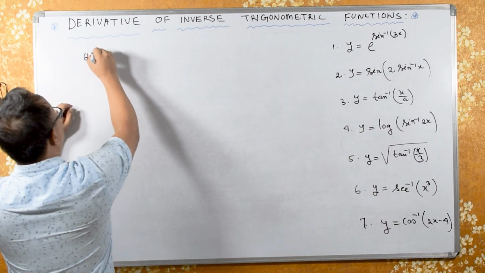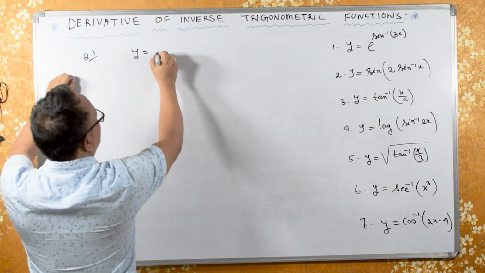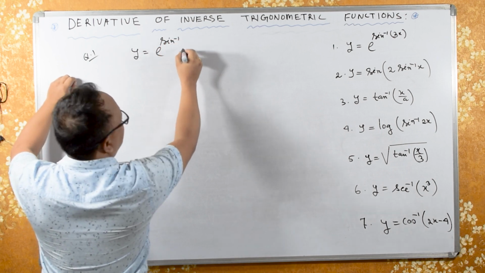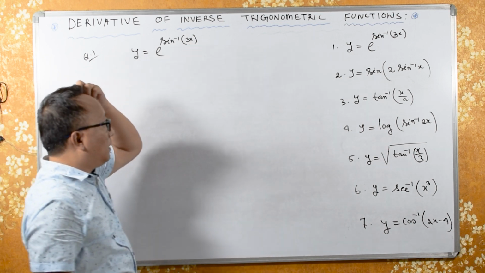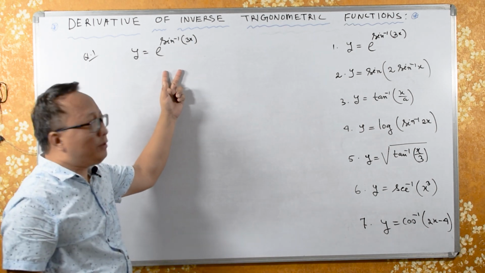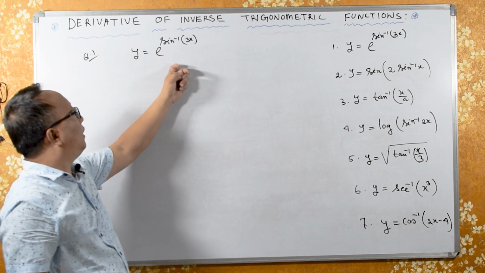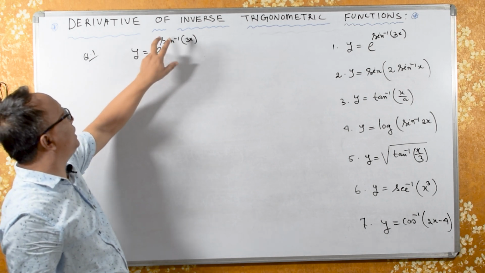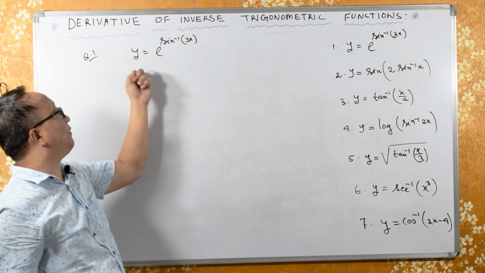Question 1: if y equals e raised to sine inverse 3x. Here you can solve with the help of substitution, by substituting u equals this whole term, and then you can find dy by dx.